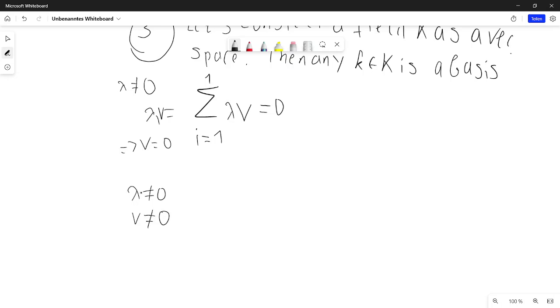It should be something simple, but right now I'm a little bit sleepy, so I don't know. Well, okay, that's really simple. Sorry, we can just divide by lambda on both sides.